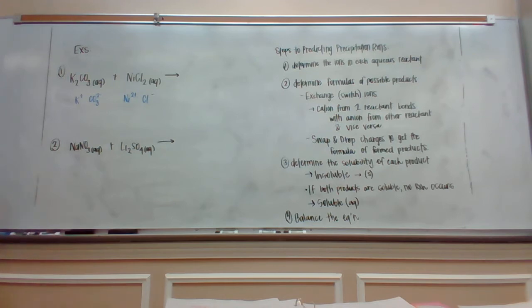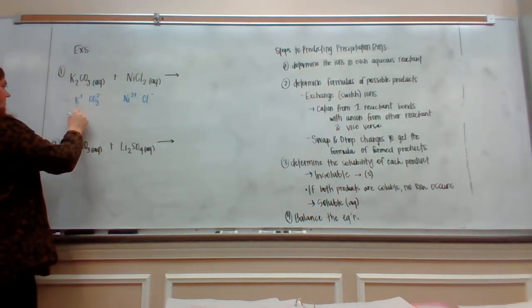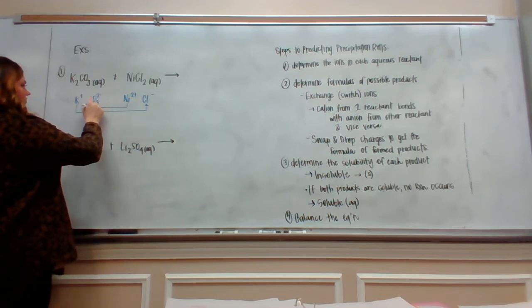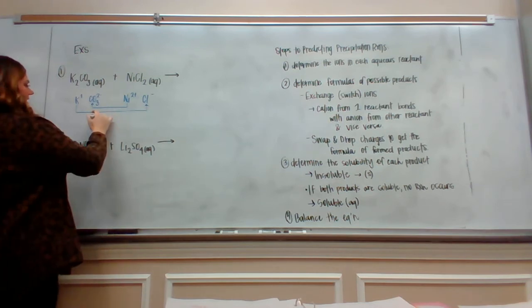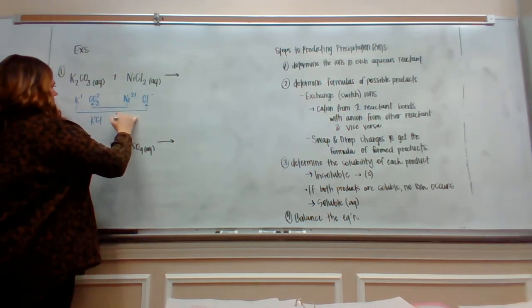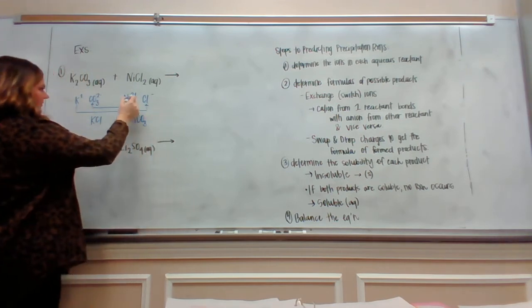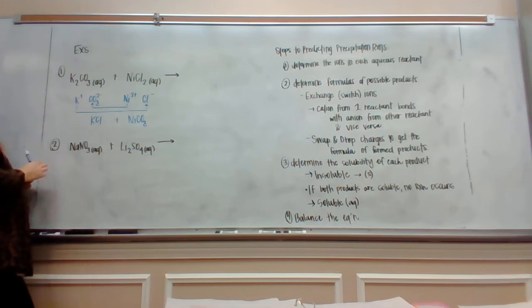So then the next step is to determine our possible products. So potassium's gonna bind with chlorine, nickel to carbonate. So I'll have KCl and NiCO3. The 2 charge cancels because it's both 2. So these would be the formula of my possible products.